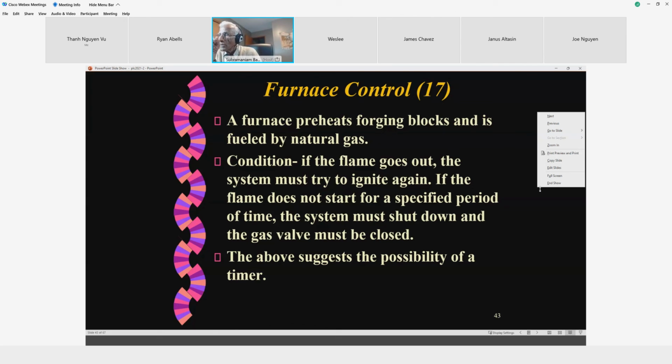Okay. Conditions are: when you want the furnace to start, what do you have to do? You must open the gas valve, allow natural gas to come in. Then you must start an ignition system right away.